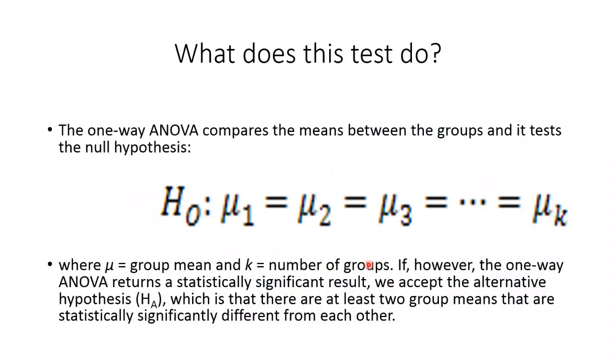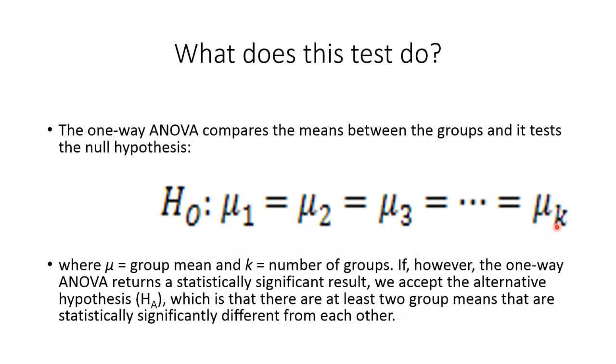What does this test do? That is, what does ANOVA do? ANOVA compares means. The null hypothesis says that the mean of group 1 is equal to the mean of group 2, group 3, group 4, and so on up to group K, where K is the number of groups in your study.